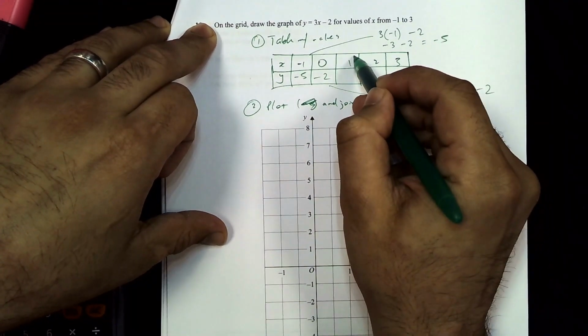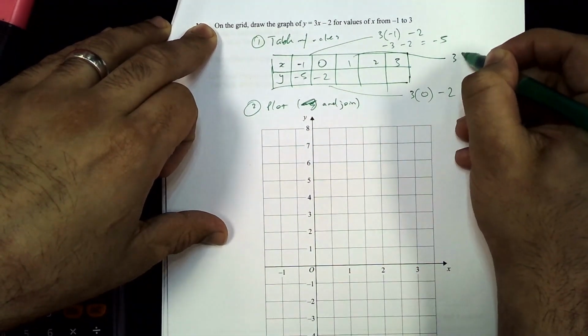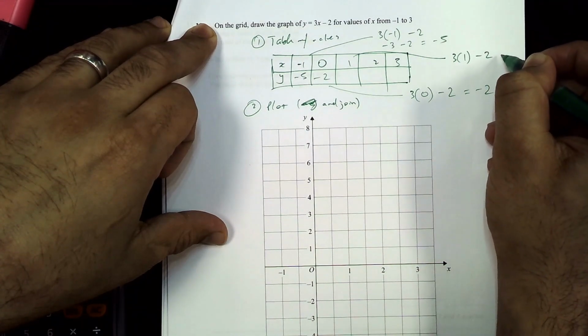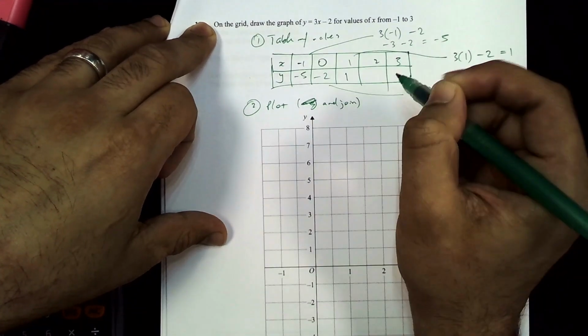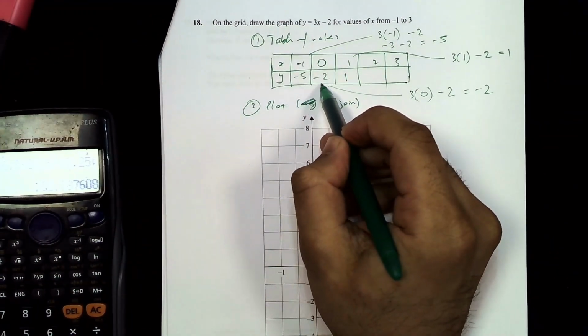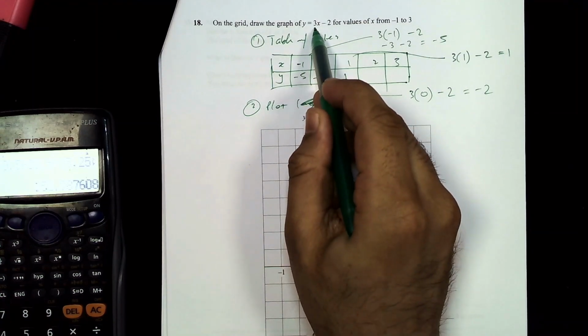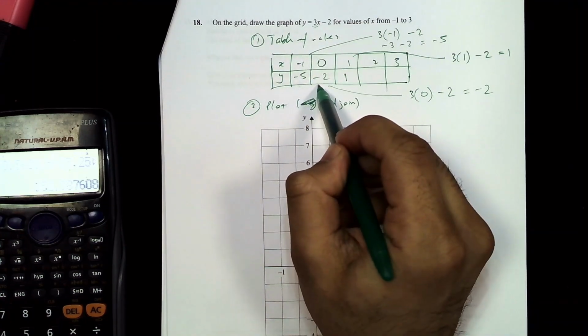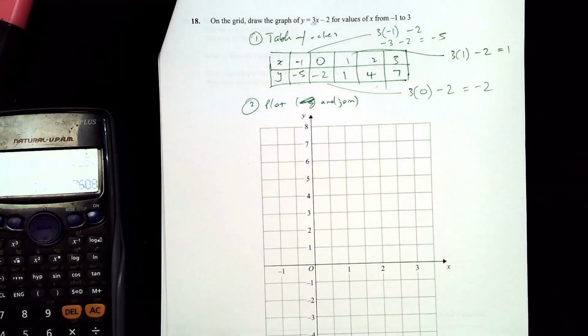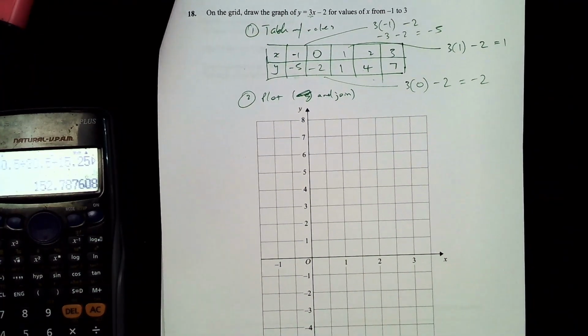Next one, I'm going to put it over here. 3 times 1, which is 3, take away 2, which is 1. Now, hopefully at this stage you'll have noticed the pattern. It's going up in 3s every time, yeah? It goes up by that number. So, add another 3, add another 3. I've now got my table of values.